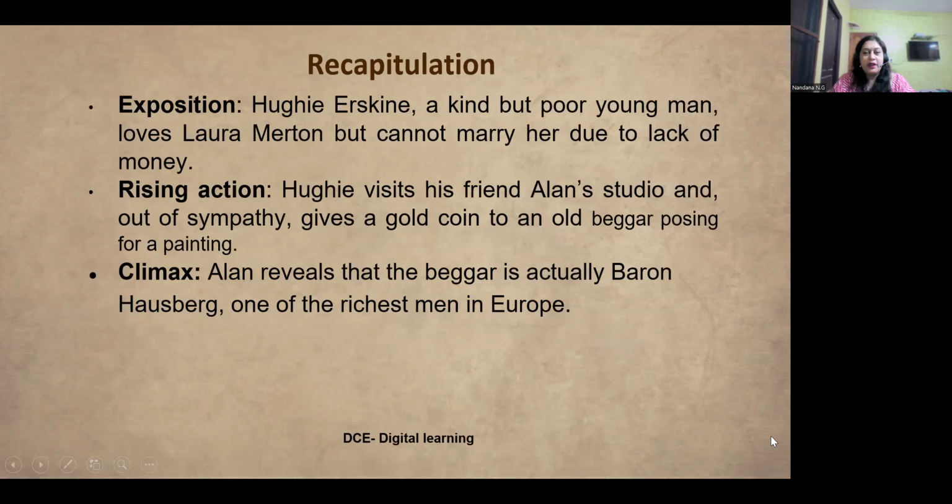So to recapitulate, exposition: Huey Erskine, a poor but good youth, loves Laura Merton but cannot marry her due to lack of money. Rising action happens when Huey visits his friend Alan's studio and out of sympathy gives a gold coin to an old beggar posing for a painting. The climax happens when Alan reveals that the beggar is actually Baron Hausberg, one of the richest men in Europe.